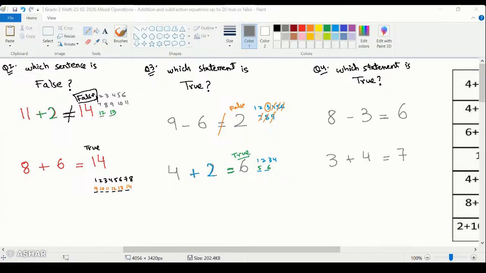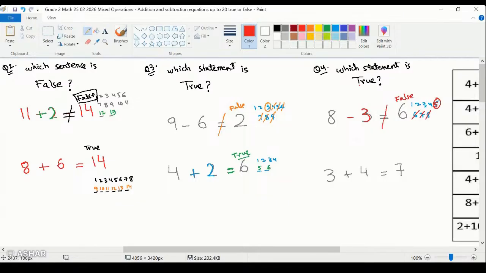For question number 4, it says 8 minus 3 was 6, and 3 plus 4 is 7. Let's do this. We have 8 numbers: 1, 2, 3, 4, 5, 6, 7, 8. If we subtract 3, if we remove 3 numbers, we are left with 5. That means this is false.